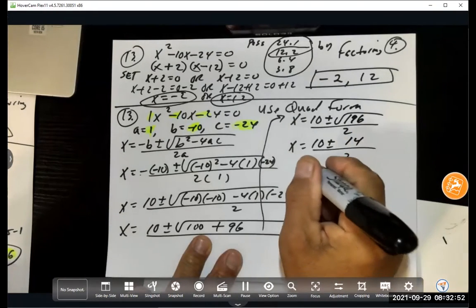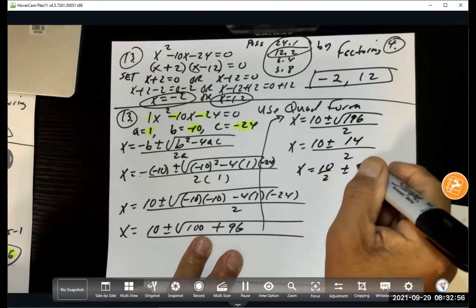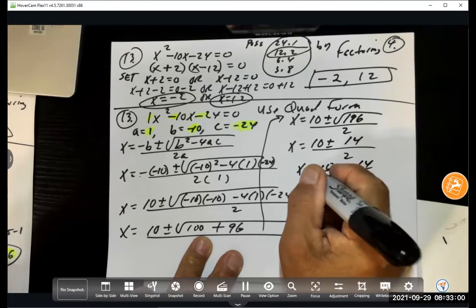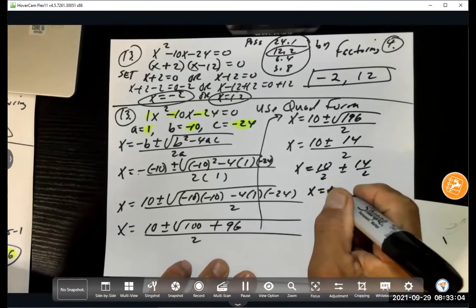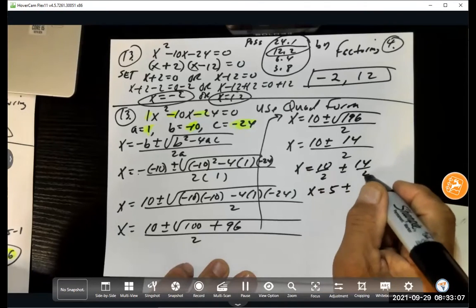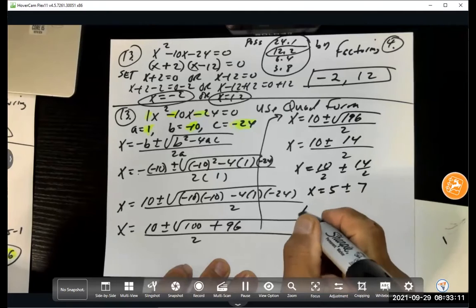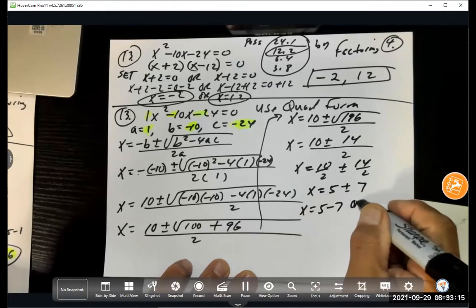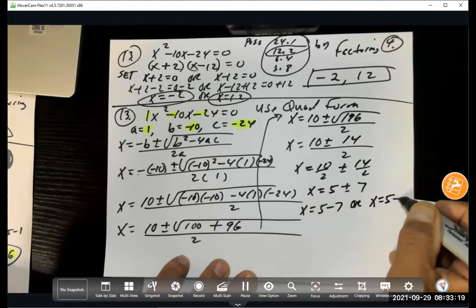All right. So now I'm going to do this: 10 over 2 plus or minus 14. So what is 10 over 2? It's 5. What's the other one going to be? 7. All right. So now we have x equals 5 minus 7, or x equals 5 plus 7.